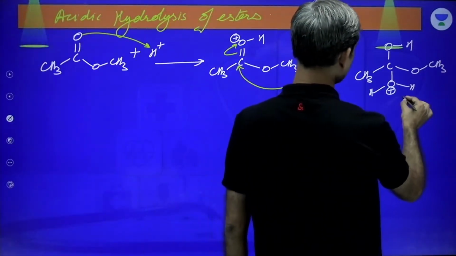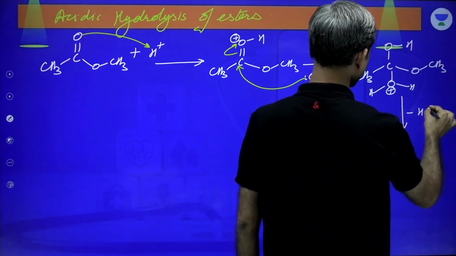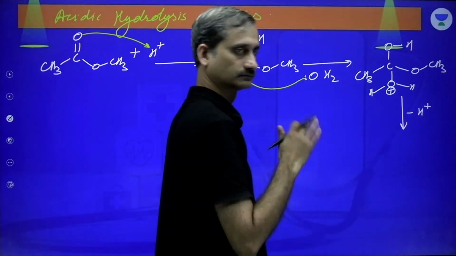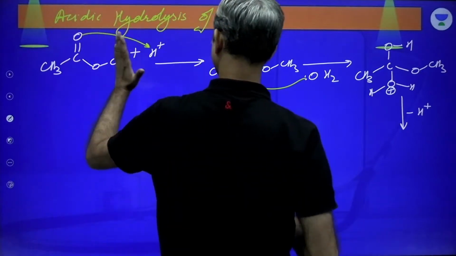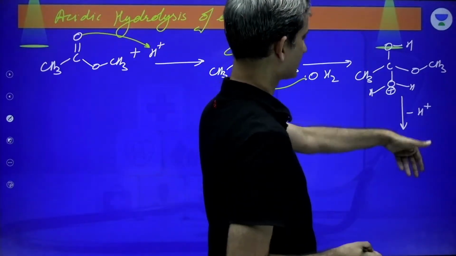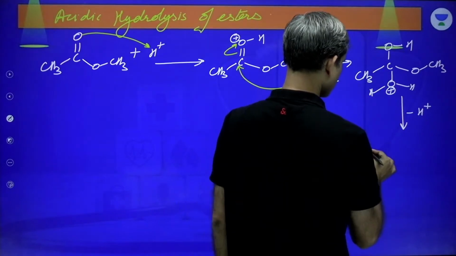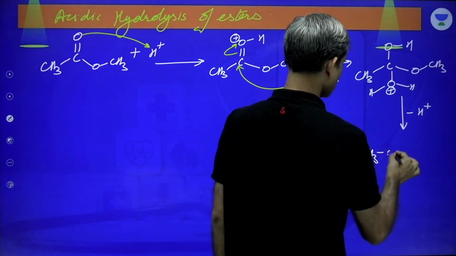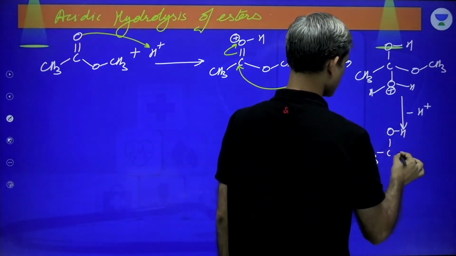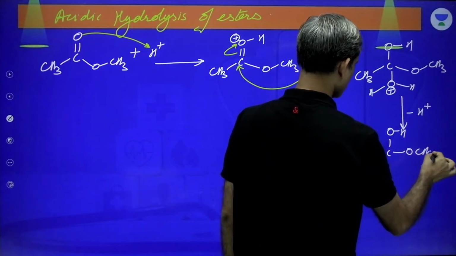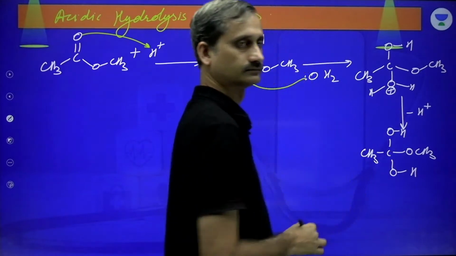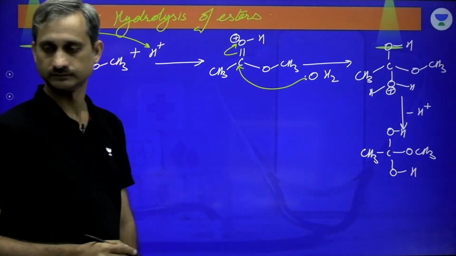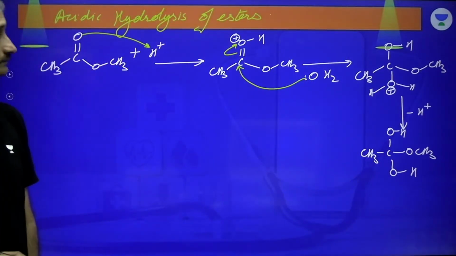Now here H plus is released out. Clear? So, first step H plus is consumed, third step H plus is released out, and we get CH3, C, OH, OCH3, OH. Fine?